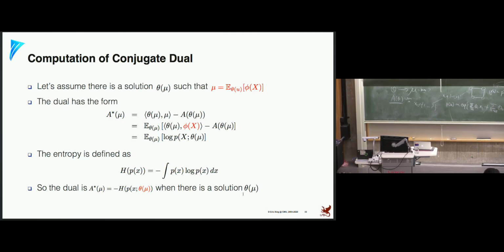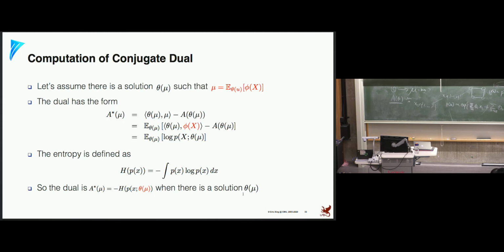So our goal, let's recap a little bit. Our goal is to get A theta. And the variational form is to represent A theta as a supremum over mu, so we need to solve this variational problem.